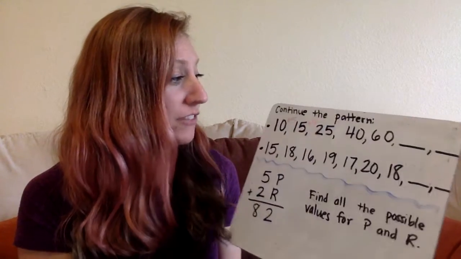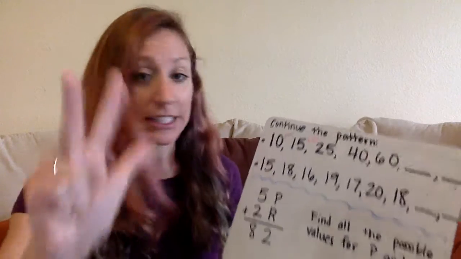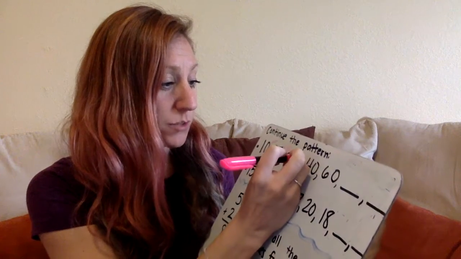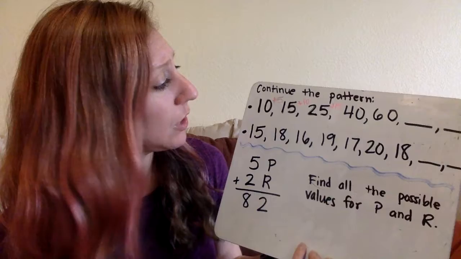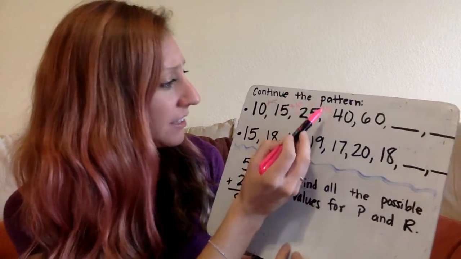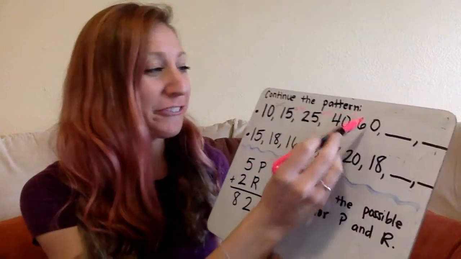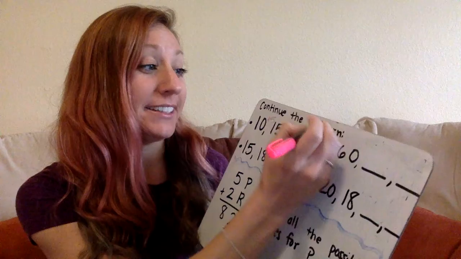So if we went up from 25, then 30, 35, 40, that would be 3 5s or 15. So 25 plus 15. So 5, 10, 15 that we're going up. From 40 to 60, we are going up by what?